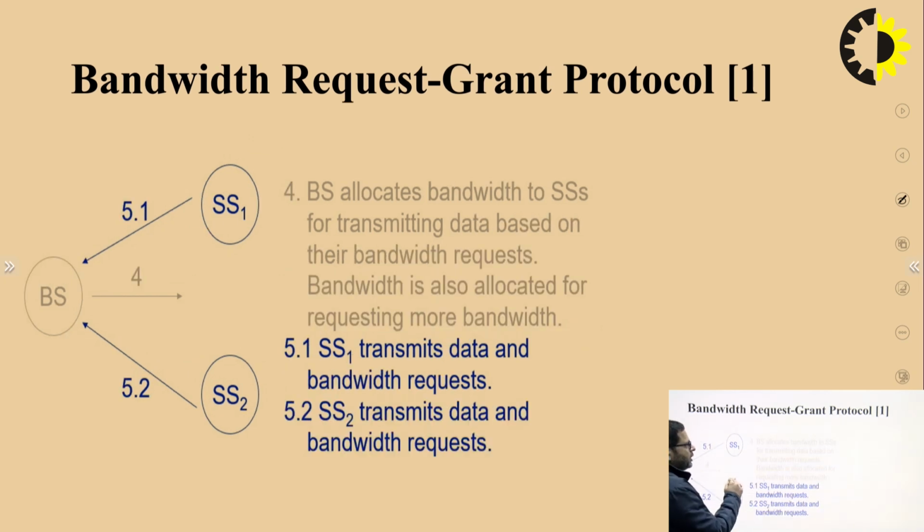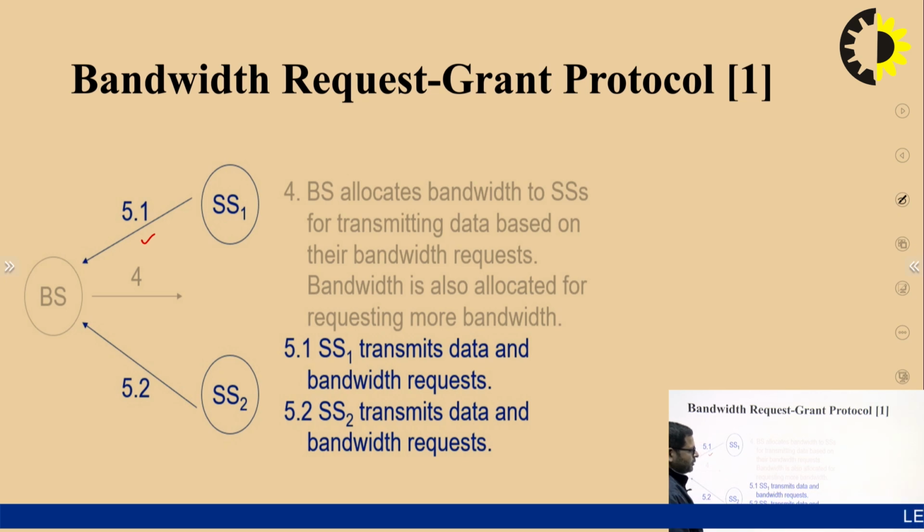The base station then allocates bandwidth to the subscriber stations for transmitting data based on their bandwidth requests. Bandwidth is also allocated for requesting more bandwidth. In 5.1, subscriber station 1 transmits data and a bandwidth request, and in 5.2, subscriber station 2 transmits data as well as a bandwidth request.